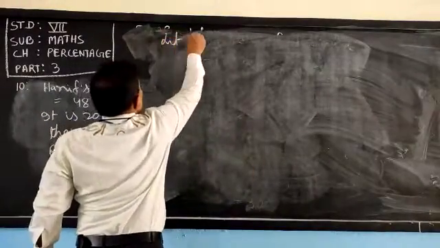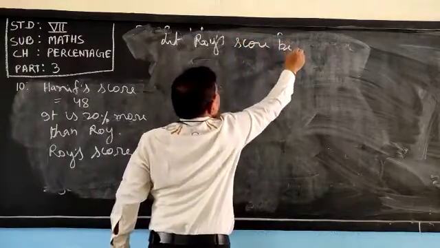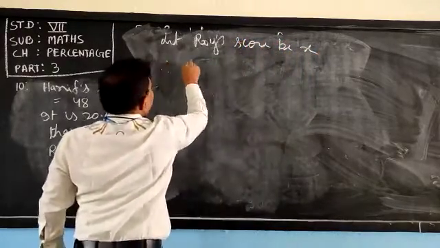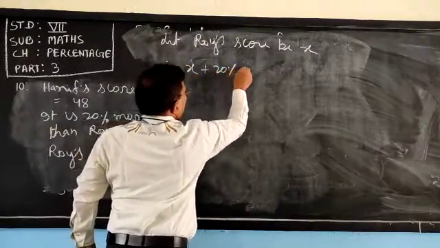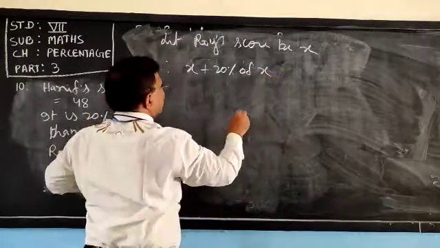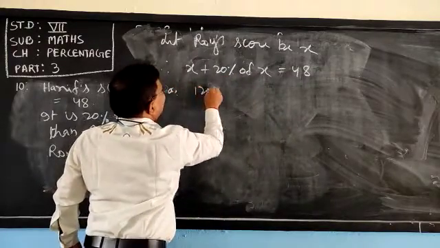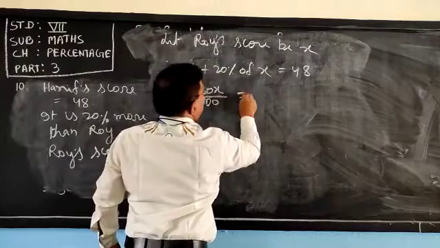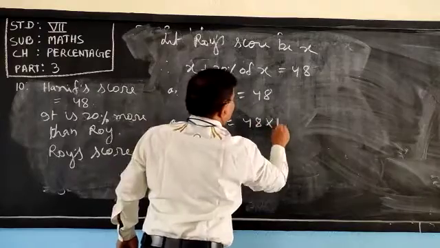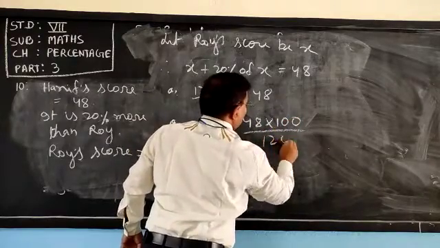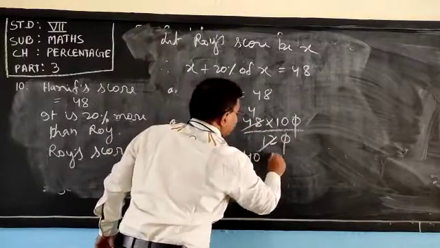Let Roy's score be X. Therefore, Roy's score plus 20% of X is Hanif's score, 48. Directly you can do 120x by 100 is equal to 48, or X is equal to 48 into 100 by 120. 0 0 cancel. 12 4s are 48, so X is 40. That is the answer.